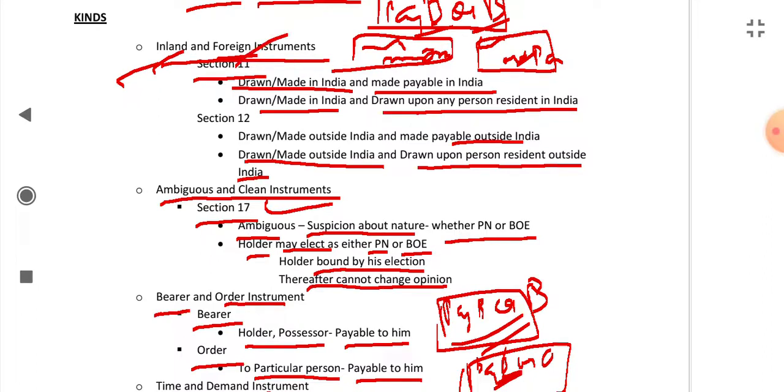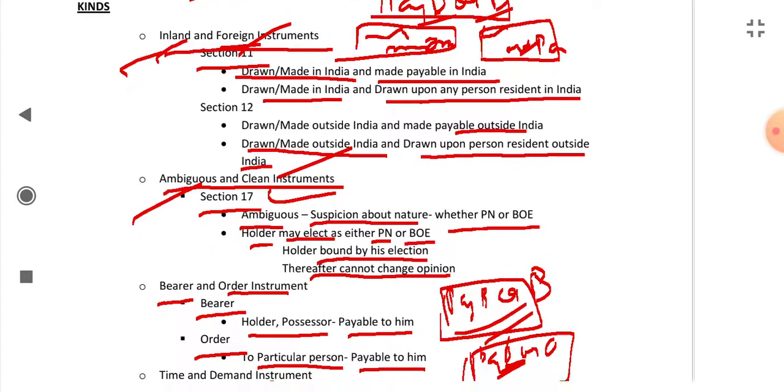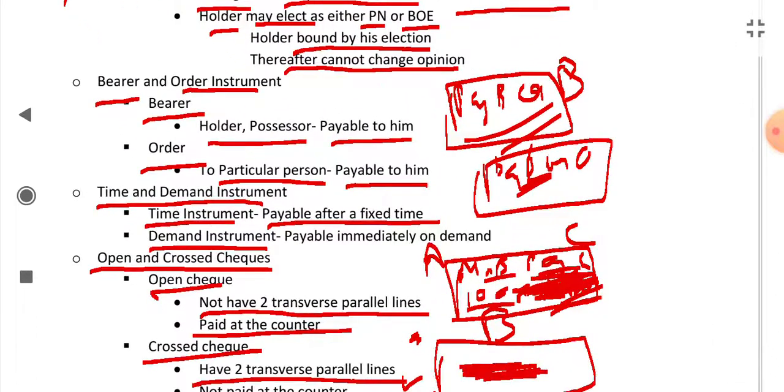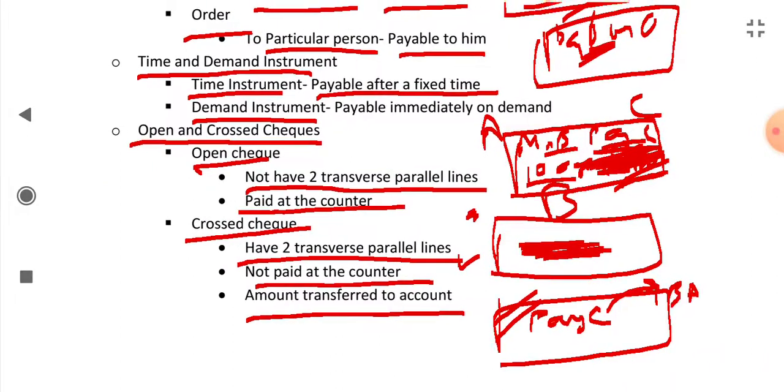Ambiguous were where there was suspicion, doubt, or confusion about the nature of the instrument. Clean instrument was where there was no confusion. Bearer and order instruments: the holder or possessor will get the payment on a bearer instrument. On an order instrument, the person whose name is specified, only to that particular person will the payment be made.